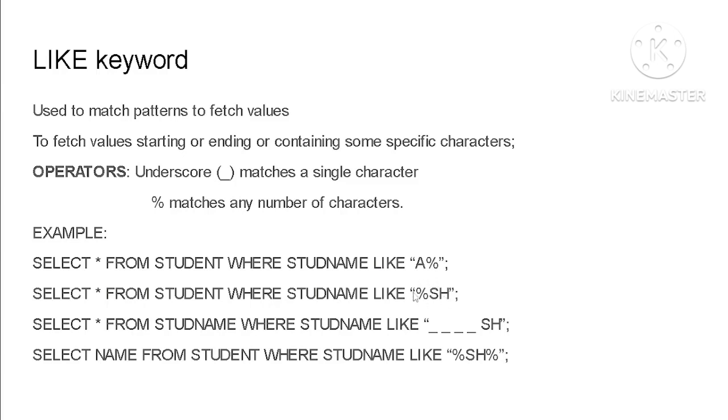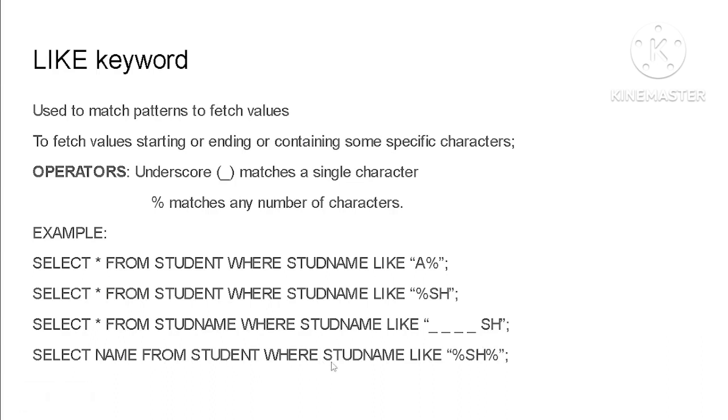Percentage SH means first it can contain any number of characters, but finally it should end with SH. Here again ending is SH, but what about the beginning? I have given 4 underscores, which means it should contain only 4 characters before SH, a total of 6 characters. 4 characters followed by SH. So only those names which are of length 6 and ending with SH will be selected.